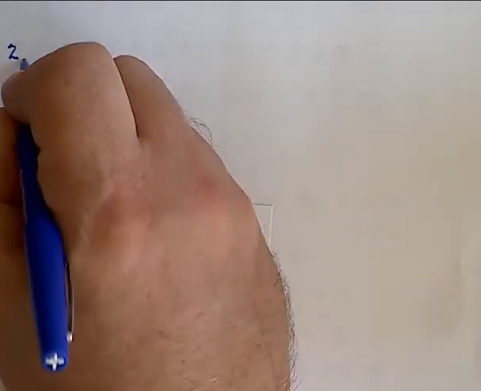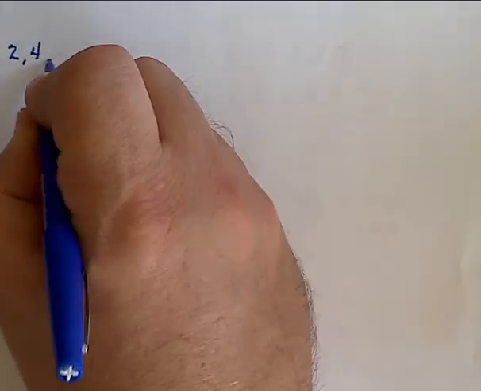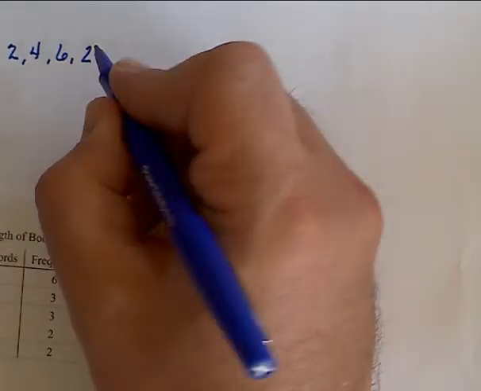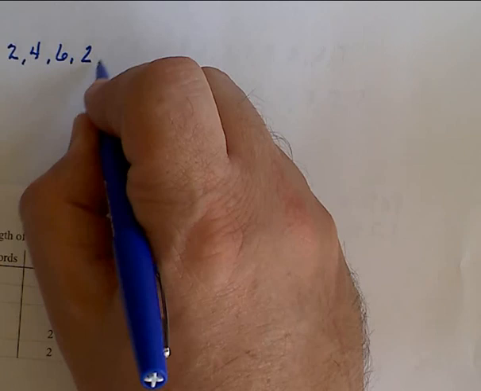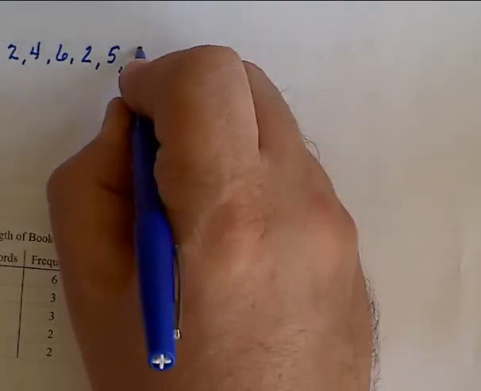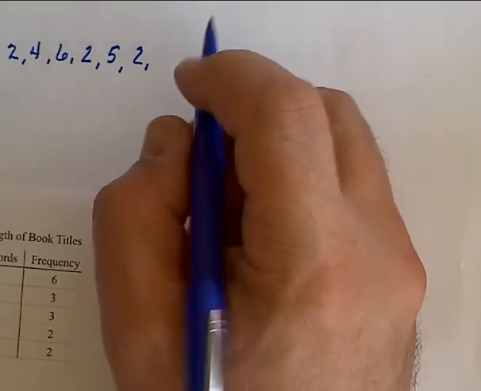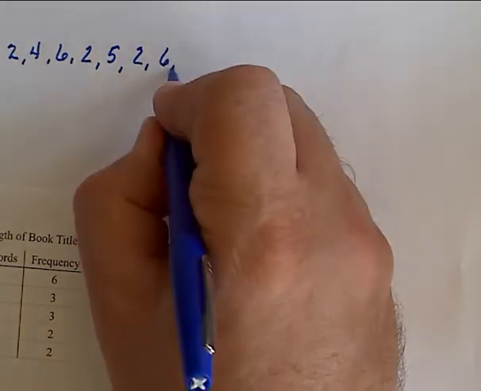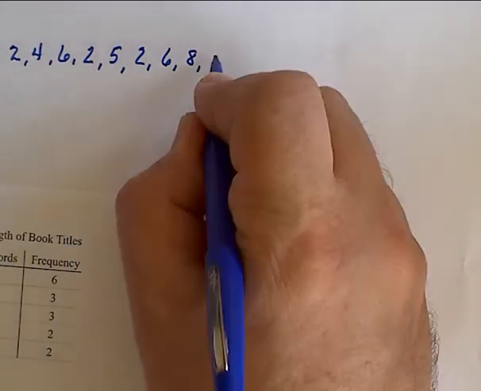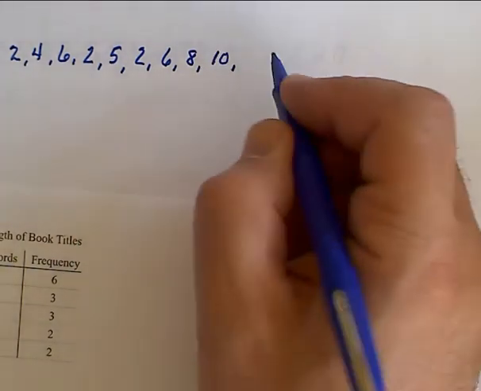So on number 10, when I start reading, this is going to go 2, 4, 6, 2, 5, 2, 6, 8, 10, 3.